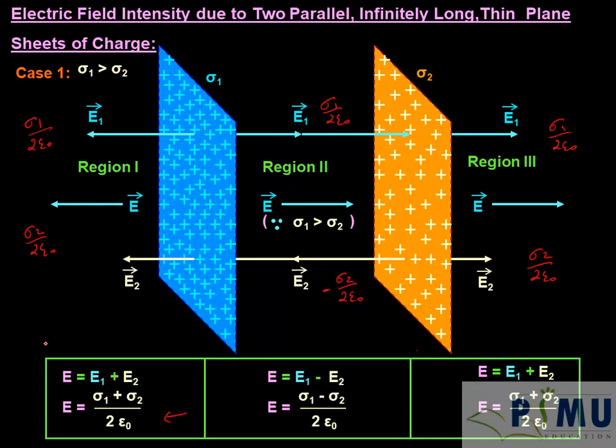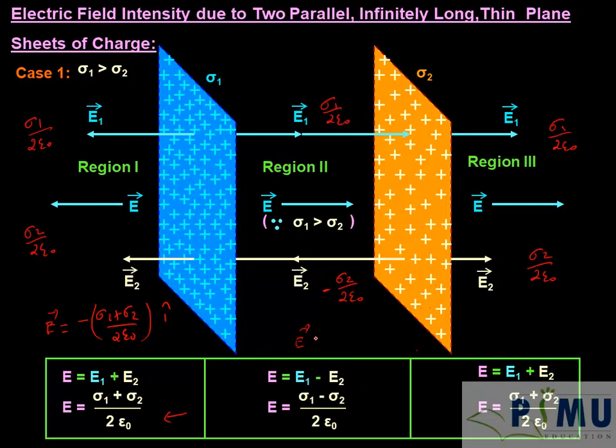If you are showing E with vector notation, then this E will be minus of sigma 1 plus sigma 2 by 2 epsilon naught I cap. Say this direction is x direction, so this will be in the negative x direction, so it will be minus I cap. It should be there, and here it will be I cap only.